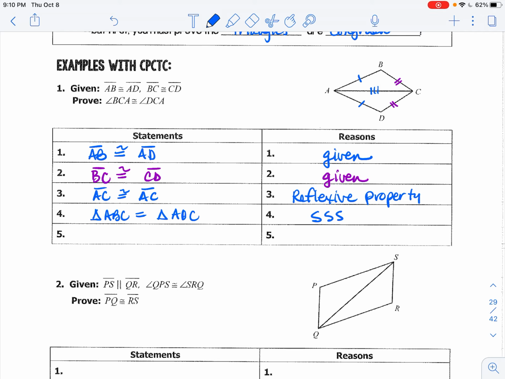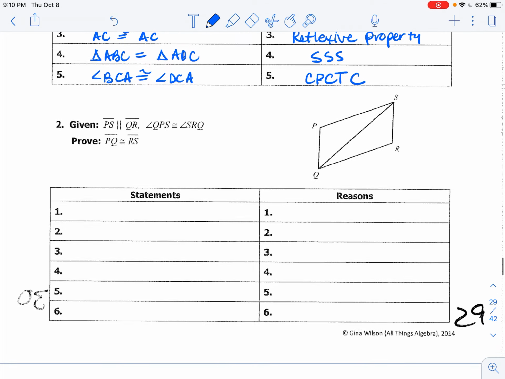If we can prove that these 2 triangles are congruent to each other, then we can say that angle BCA is going to be congruent to angle DCA. So angle BCA is congruent to angle DCA, and that is by corresponding parts of congruent triangles being congruent.